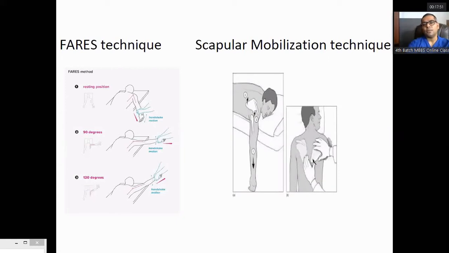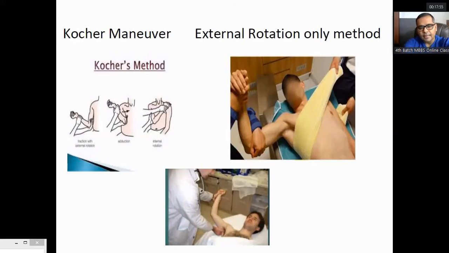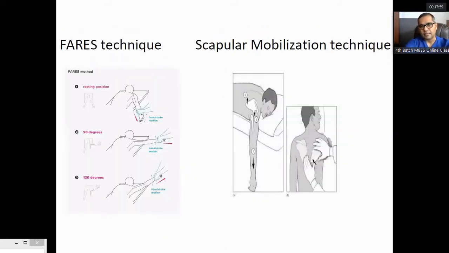So in all these methods, we have to stabilize the scapula with the help of one assistant. In this scapular mobilization technique, keeping the patient prone and hanging the limb down, we hold the inferior pole of the scapula, lifting it medially, and the lateral end distally. This will reduce the shoulder.